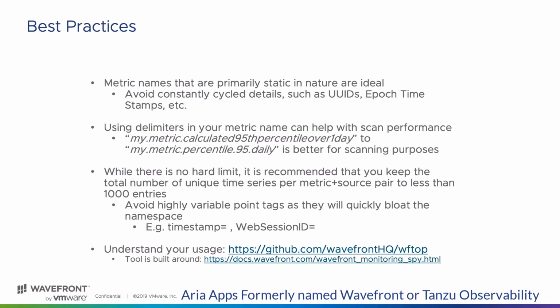A change that we have made recently is that previously all data was stored internally as the metric and the source, and any other point tag values were sharded around that metric source combination. Nowadays, we have a piece of the system in place which is continuously inspecting the actual data shape.